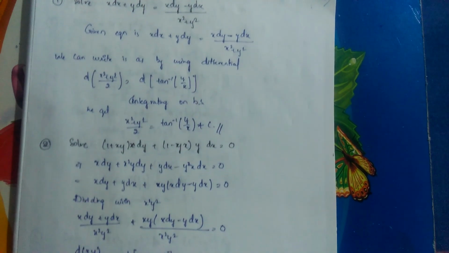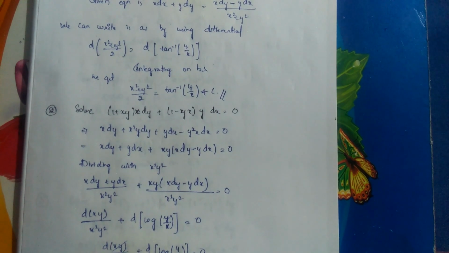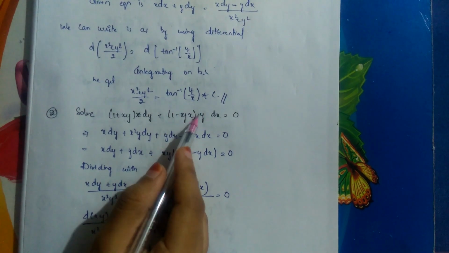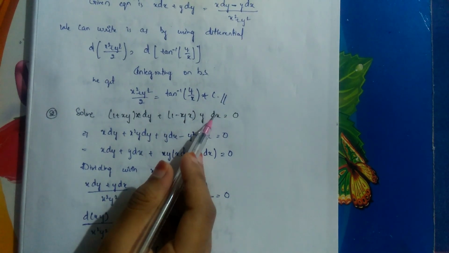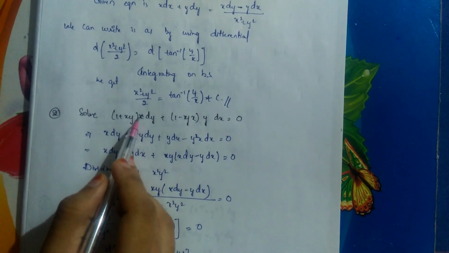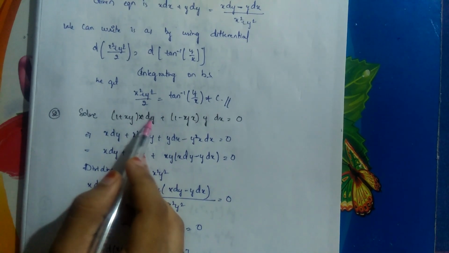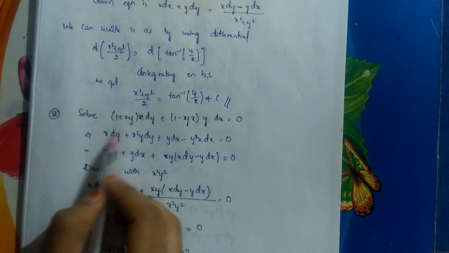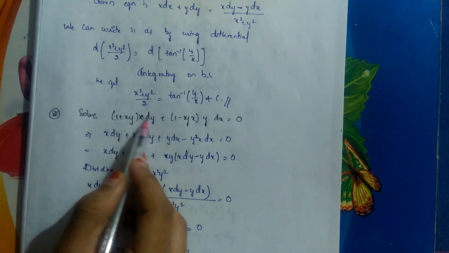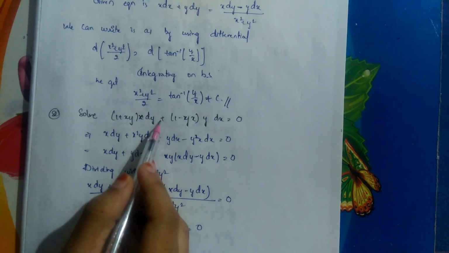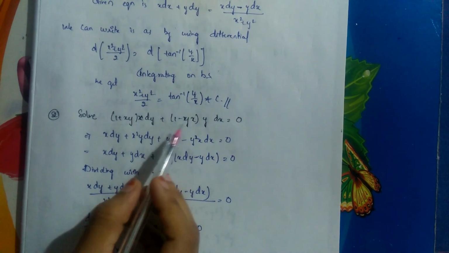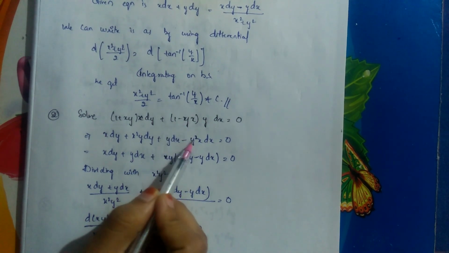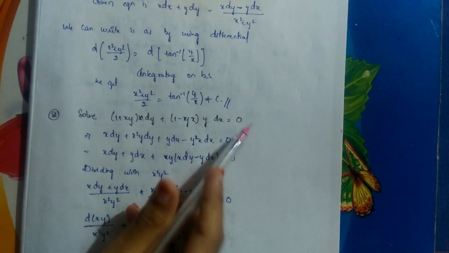Then the second question: solve (1 plus xy) into x dy plus (1 minus xy) into y dx is equal to 0. So here multiply this x inside, x dy multiplied into the inside terms, then we get 1 into x dy plus xy into x dy, that is x square y dy, plus y dx into 1 is y dx, and y dx into minus xy is minus y square x dx is equal to 0.